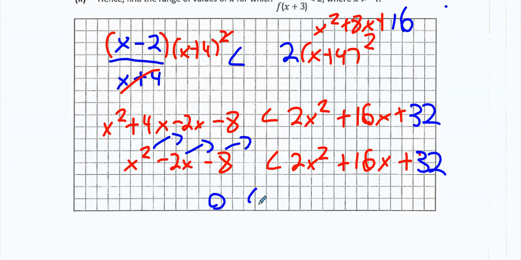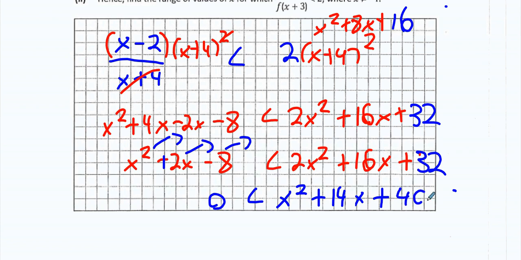So what do we get here? 0 less than x squared, 16x plus 2x, that's 18x, is it? And then 40. Ah, it's a plus 2x. So take it away and you get 14x, is it? And then this is a 32. 40, because 32 plus 8 is 40.